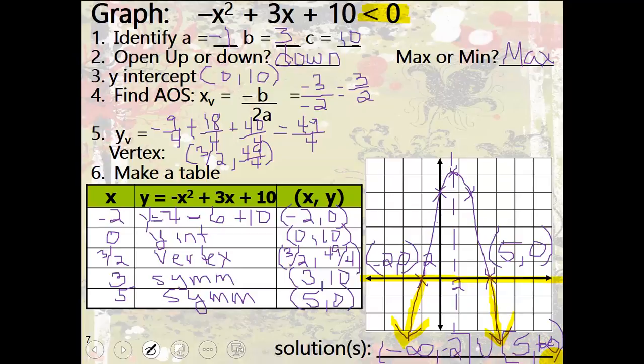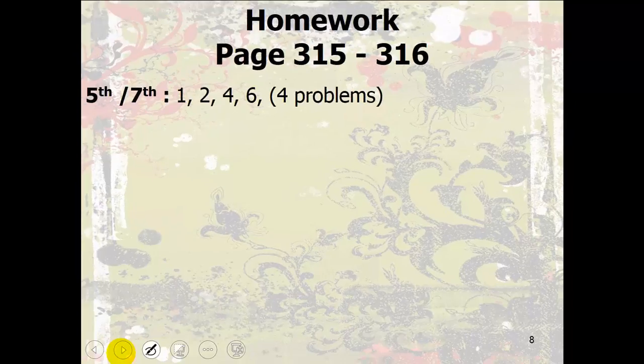When my x's are from -∞ to -2, and when my x's are from 5 to +∞. And that's it. So we'll just have a few problems, and I will see you tomorrow.